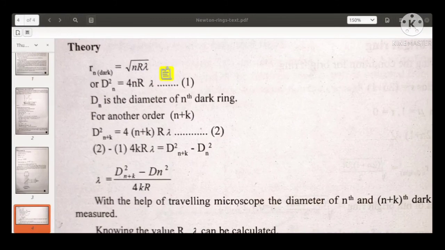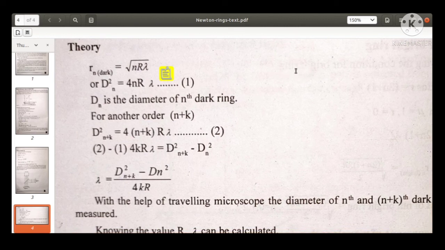We know the radius of the nth dark ring is the square root of nRλ. If we square both sides, we get rn² = nRλ. Here rn is the radius, and the radius can be written in terms of diameter as diameter by 2.